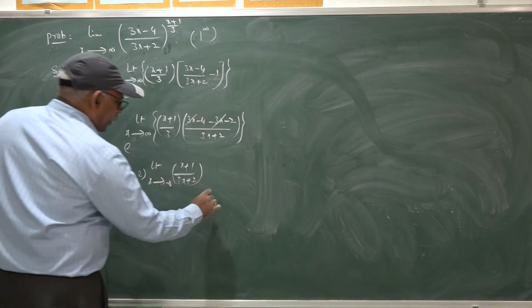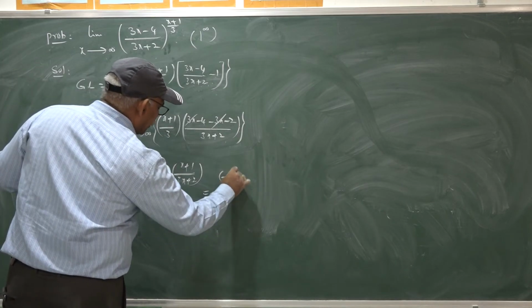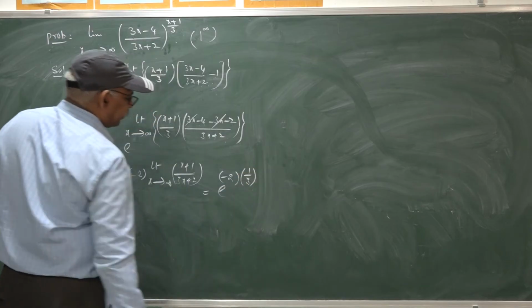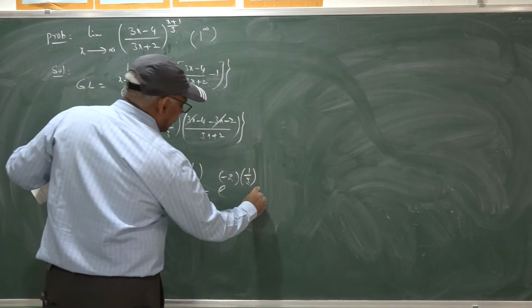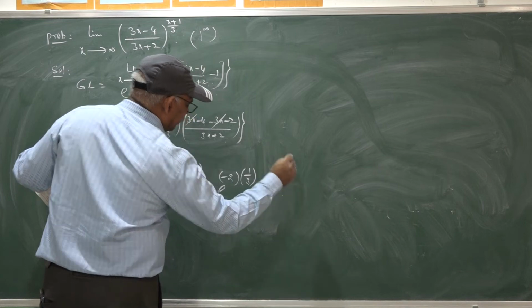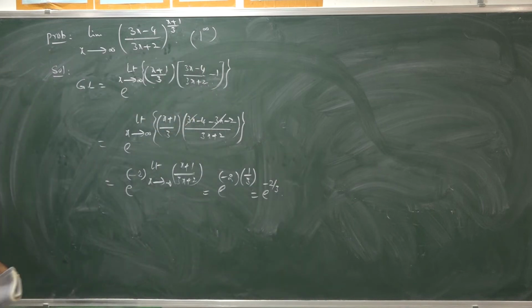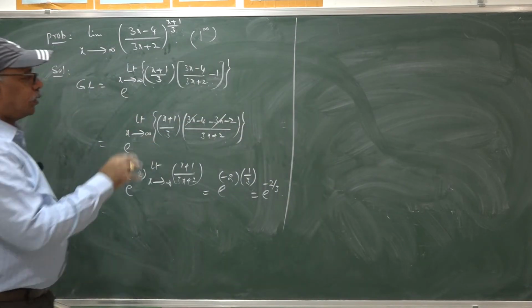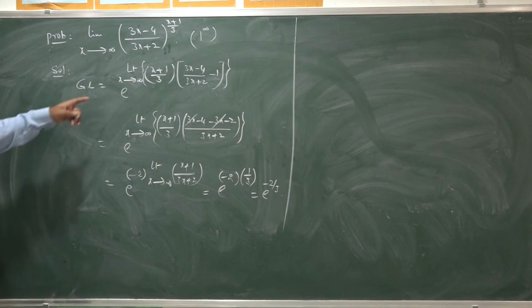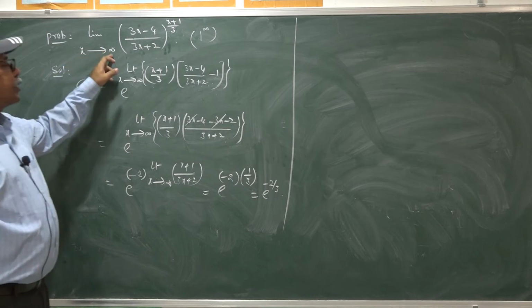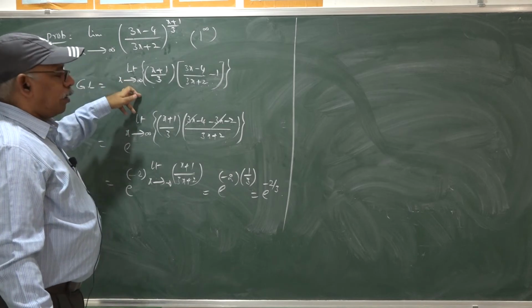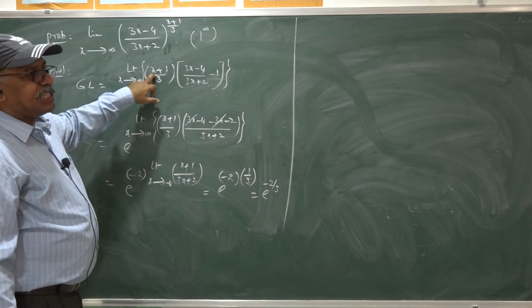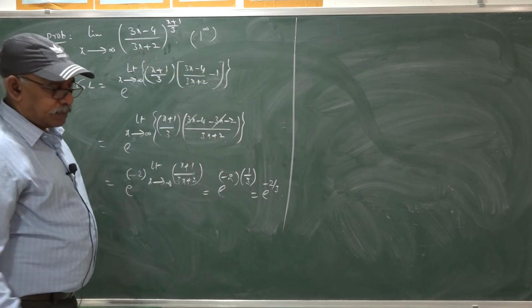So, e power minus 2 into 1 by 3 gives us e power minus 2 by 3, the required limit. So, once the limit takes 1 power infinity form, take this formula: e power limit as x goes to a of g x into (f x minus 1). That is the approach.